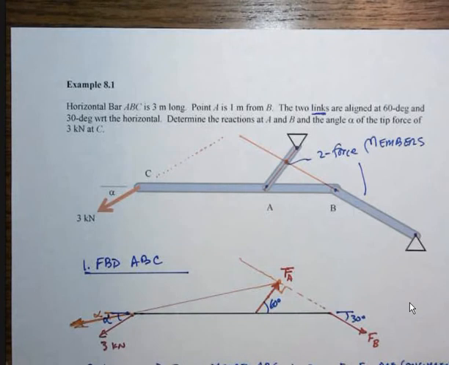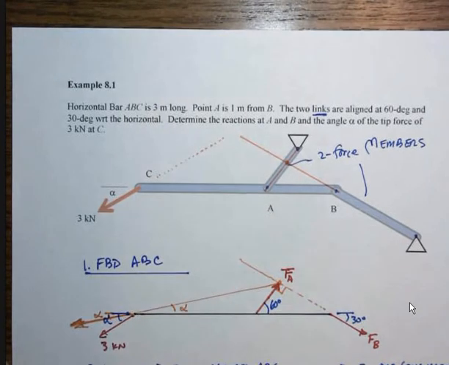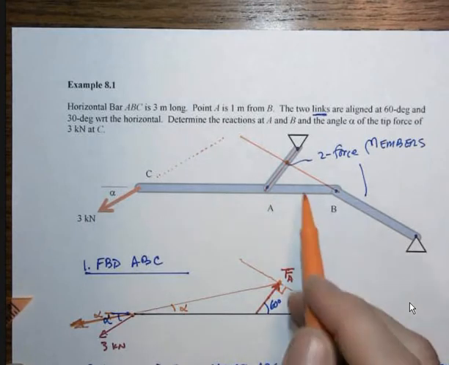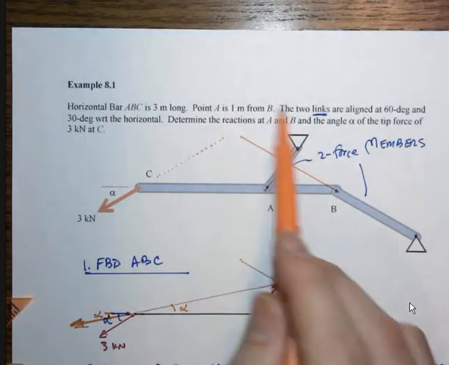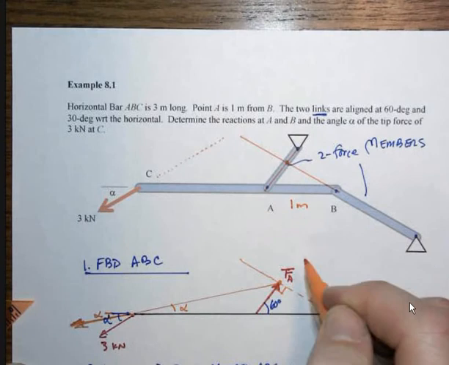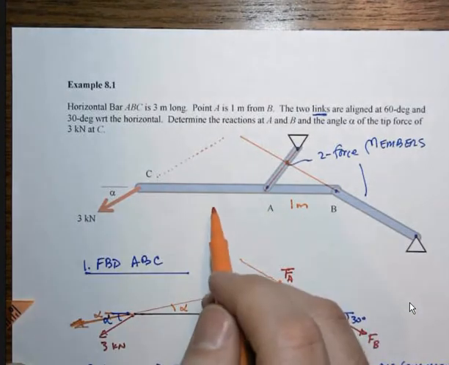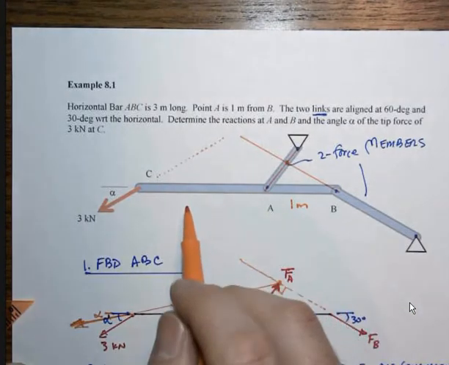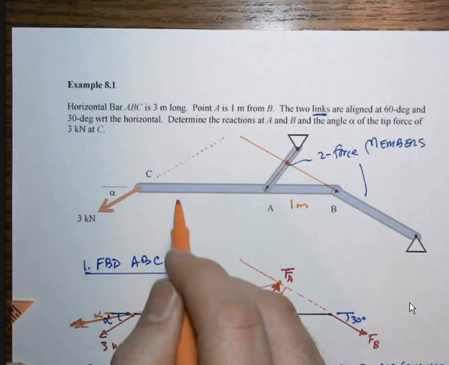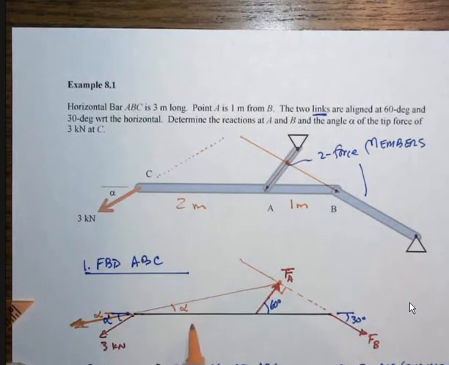And so that's the same thing as that. And now I should know some distances, right? Point A is 1 meter from B, and we have a total of a 3 meter long bar, so that's 2 meters between A and C. So that's 2 there, that's 1 there.